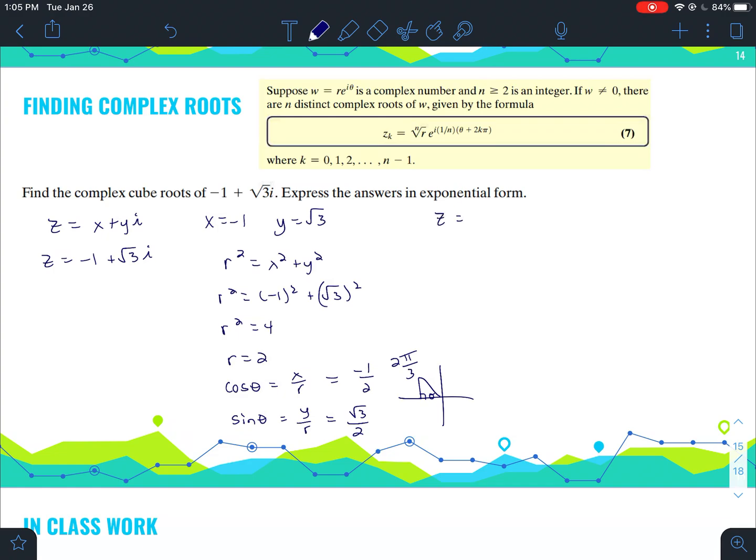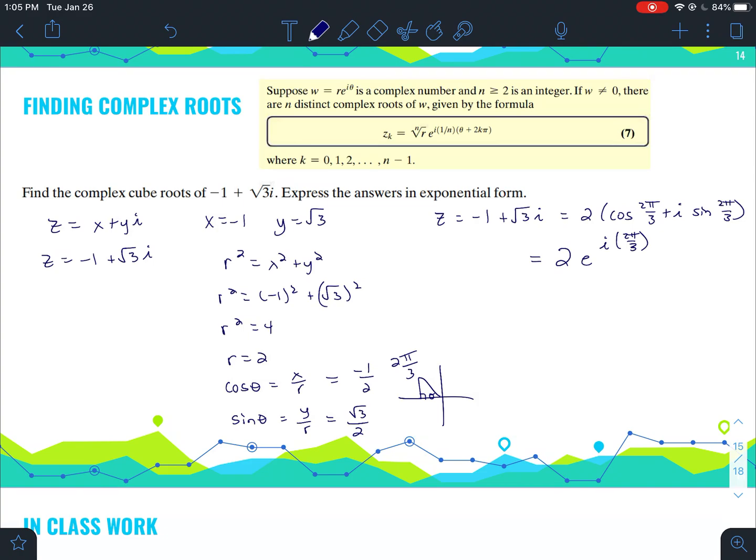So z equals -1 plus the square root of 3i in polar form would be 2, and then it would be the cosine of 2 pi over 3 plus i sine 2 pi over 3. And in exponential form, we would have 2e^(i times 2 pi over 3).